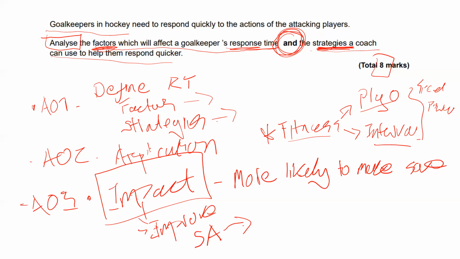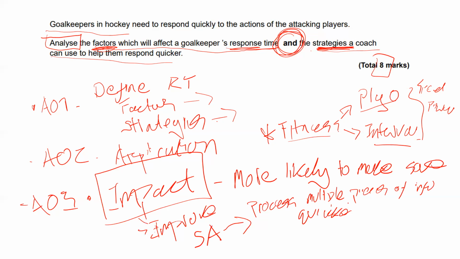Well, by improving your selective attention, you're able to process multiple pieces of information quicker. And as a result, you're going to be more likely then to make the save.